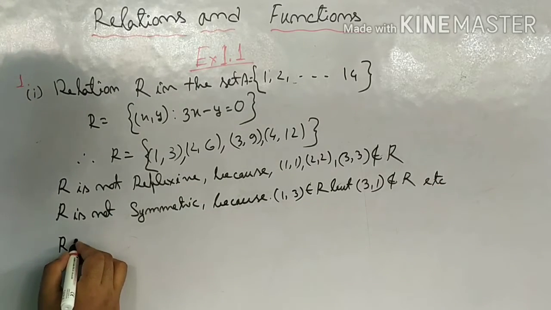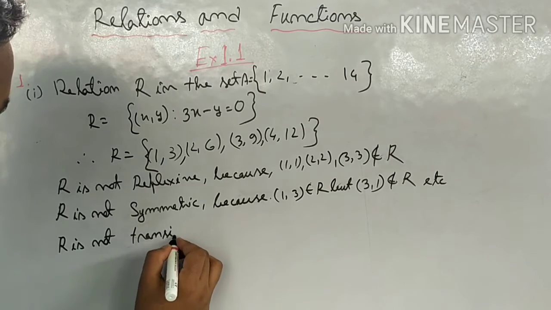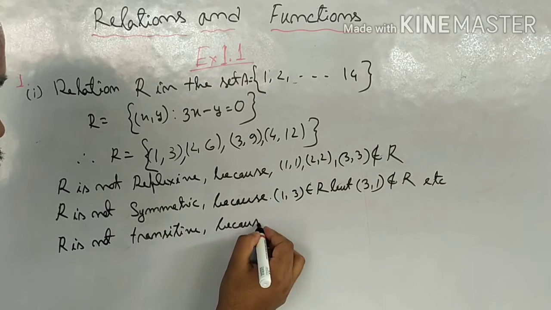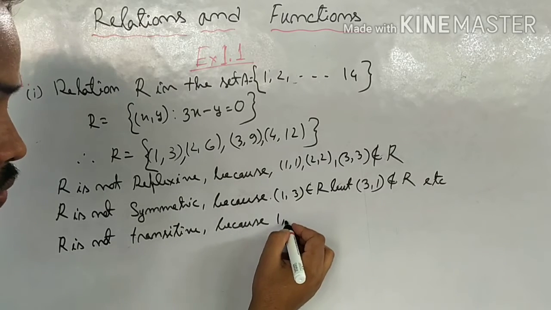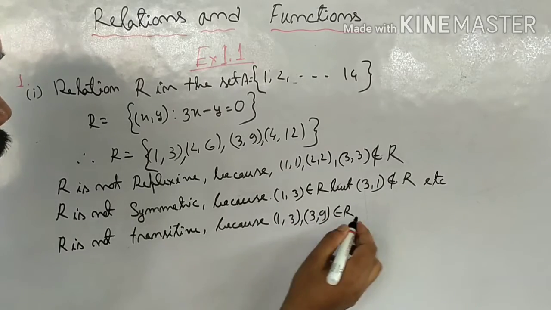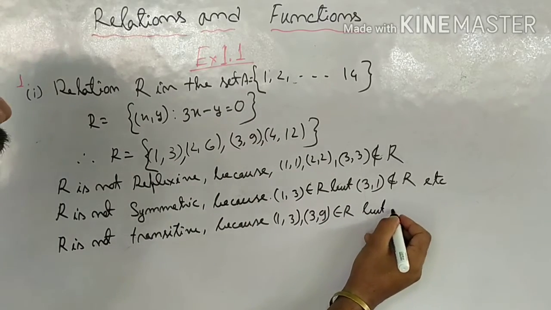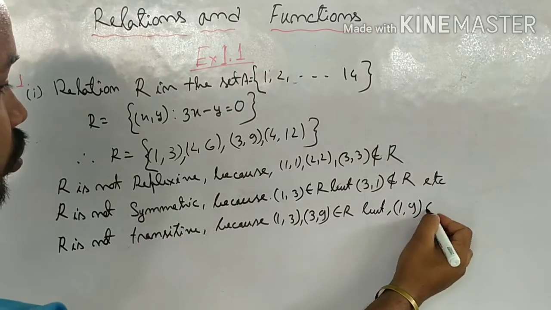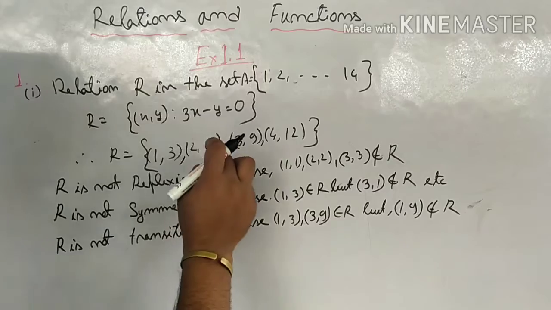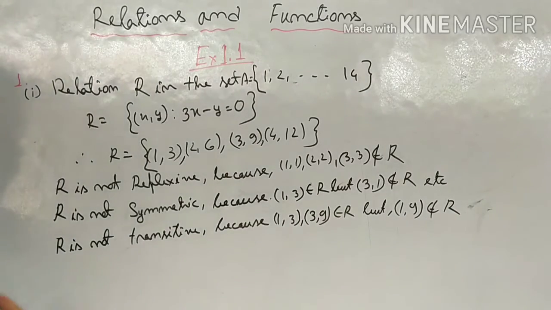Next, R is not transitive because (1, 3) and (3, 9) belong to R, but (1, 9) does not belong to R. All of you see (1, 3) and (3, 9) are in the relation R, but (1, 9) is not in the relation R. So R is not transitive.